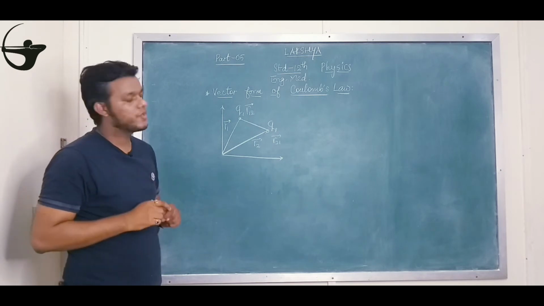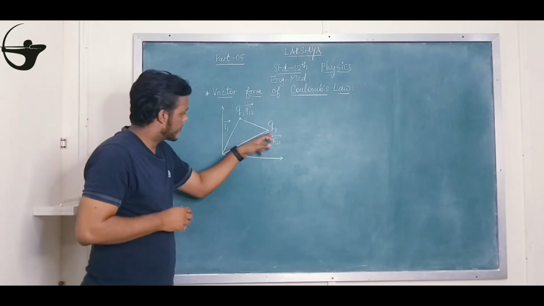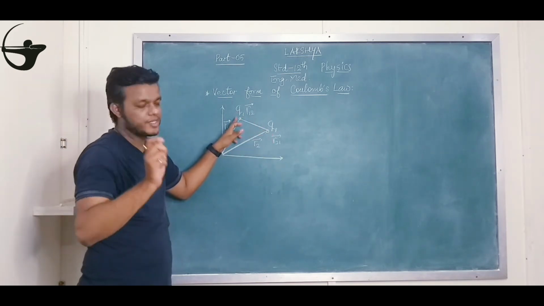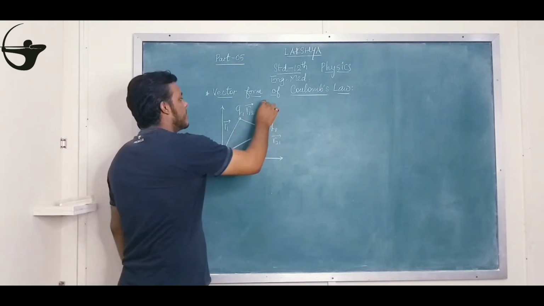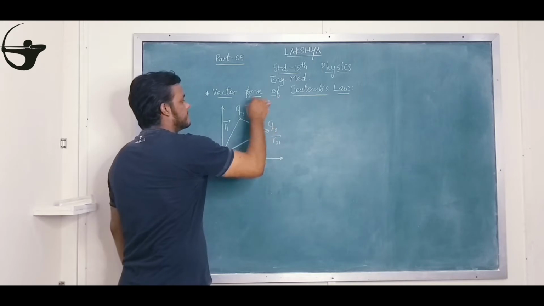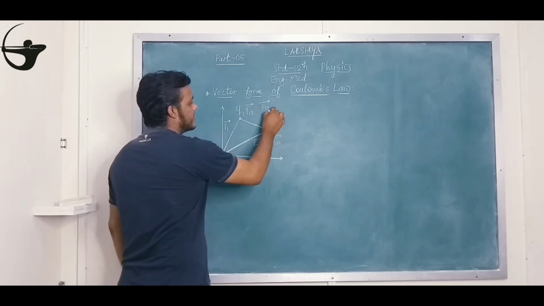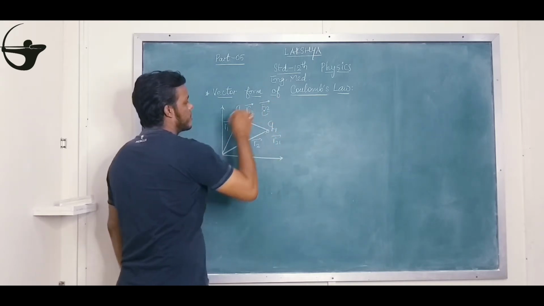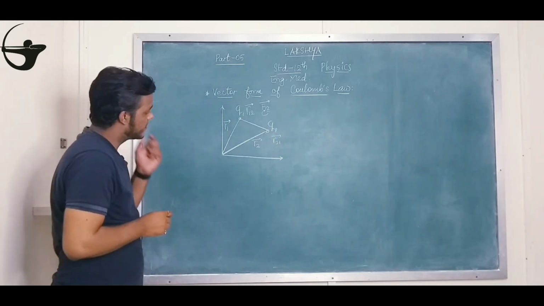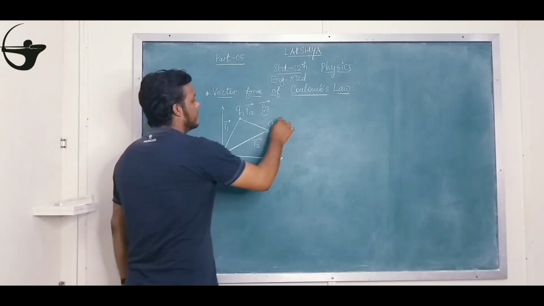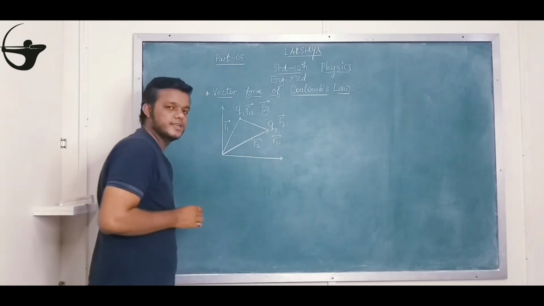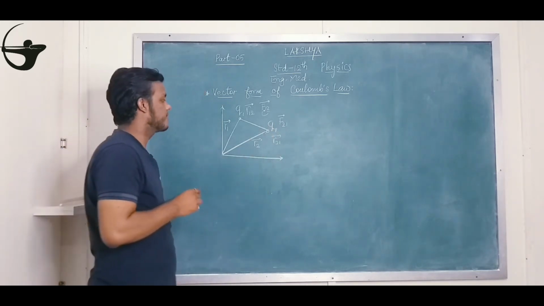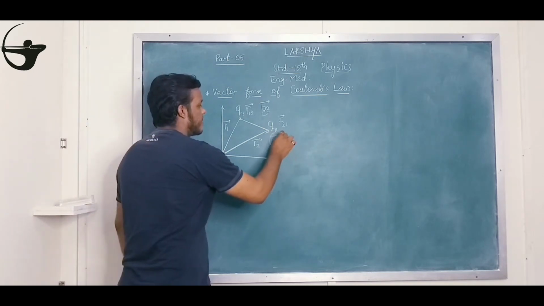If you are calculating the force by q2 on q1, you should consider r12 bar, because we will find F12 bar, the force by q2 on q1.